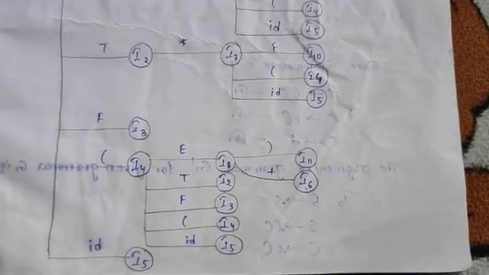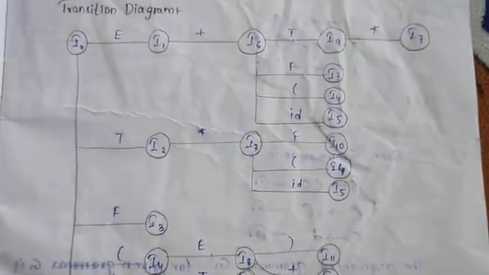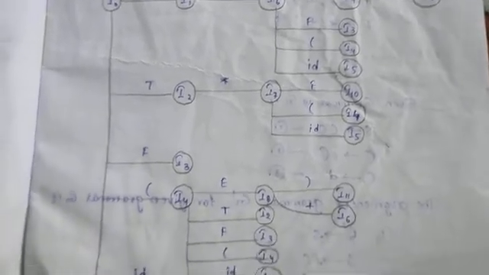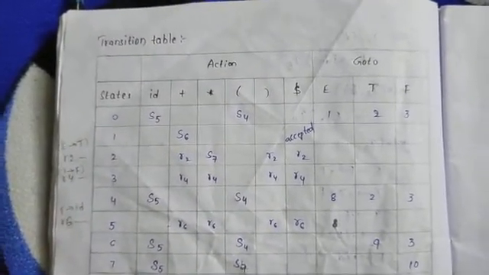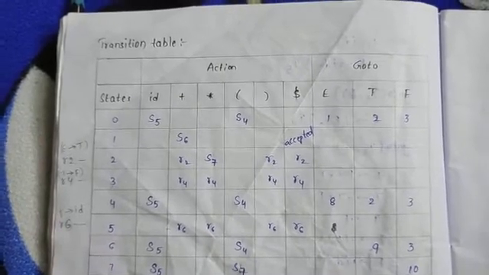To draw one by one, finally you get this diagram as output. Okay, then only one final step will be there, that is nothing but the construction of the parsing table. So finally we will construct a parsing table based upon that transition diagram. It is also called a parsing table or transition table.